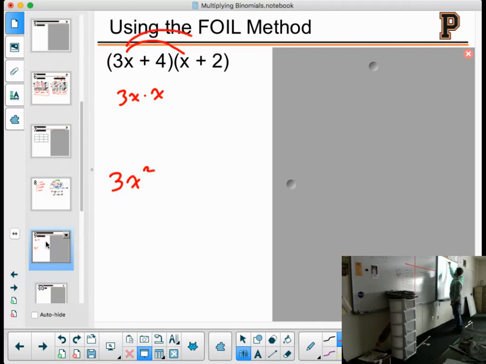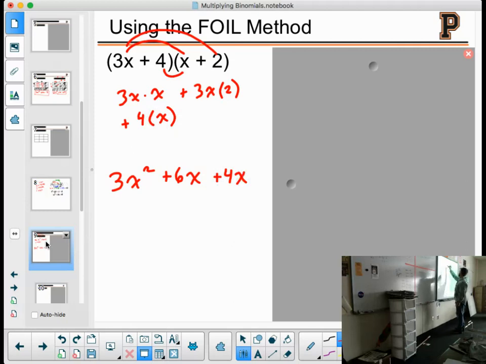Outer terms, 3x times a positive 2. 3x times 2 is going to give me plus 6x. Inner terms, 4 times x. 4x. Easy enough. And last terms, 4 times 2. Again, easy enough, that's 8.